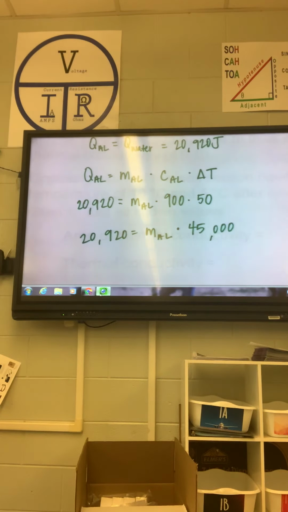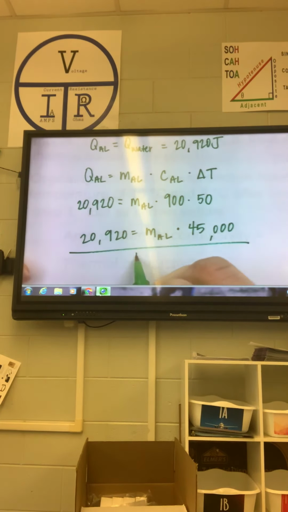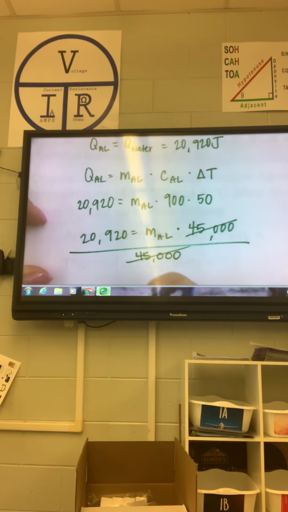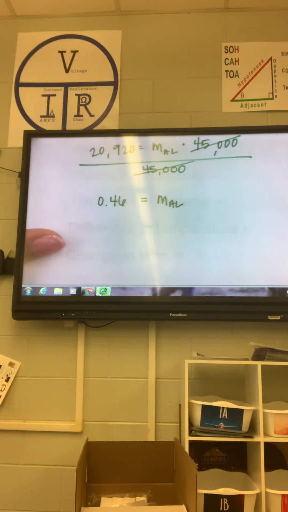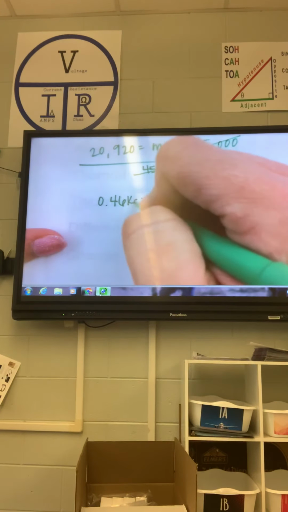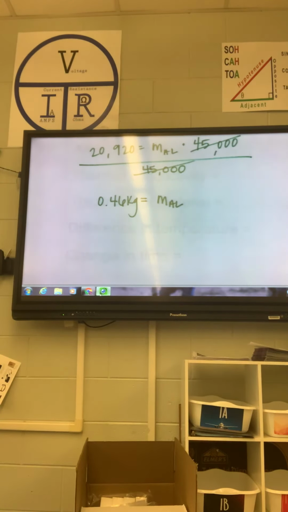And then from here, I'm gonna divide by 45,000 so that these guys cancel out. It ends up being 0.465. What unit is that in? Kilograms, you're right. So that aluminum block is 0.46 kilograms.